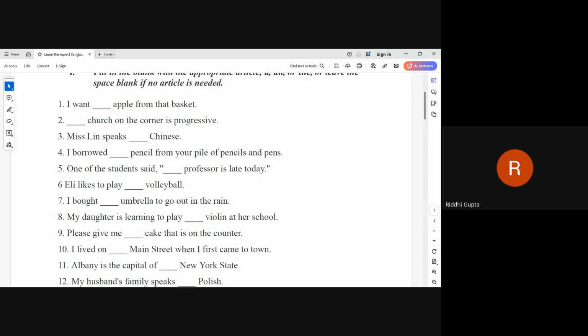Then would it be "he is a Chinese"? Or can I simply say "he is Chinese"? I think no article, ma'am. He's an Indian. No article.